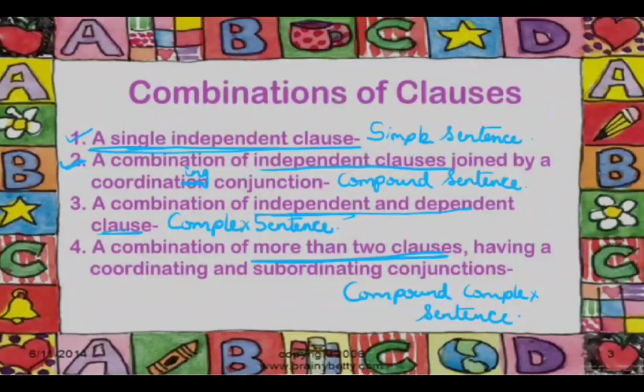If we have a combination of independent and dependent clauses, it is a complex sentence. And if in a sentence we have two or more clauses, with subordinating and coordinating conjunctions both, then it is a compound complex sentence. Hope this much is clear, children.